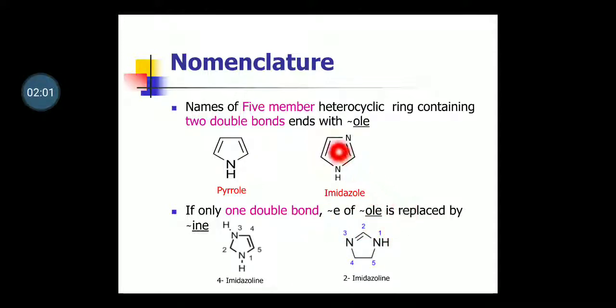Basically it is derived from imidazole, but instead of two double bonds, only one double bond is there, and we have to specify the position of the double bond also. Due to the presence of only one double bond, E of this imidazole is being replaced with INE, it becomes imidazoline. And not only imidazoline, it becomes 2-imidazoline.